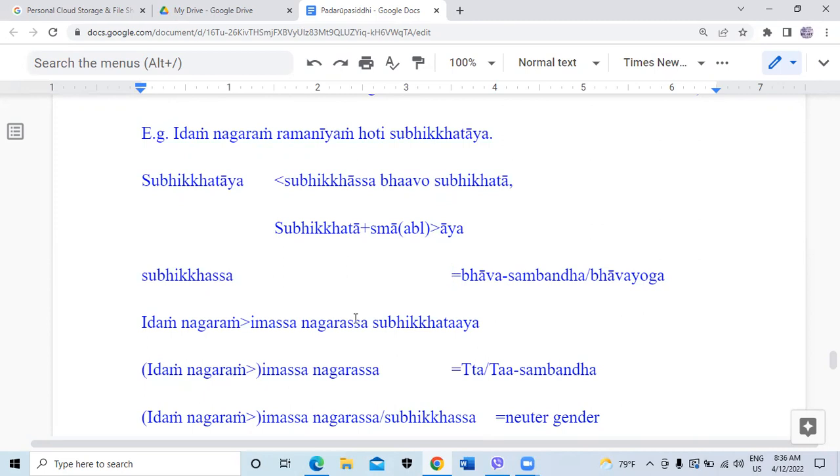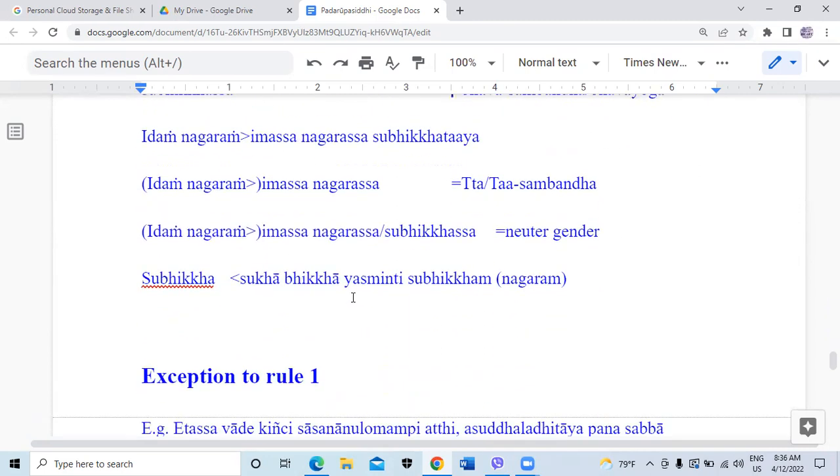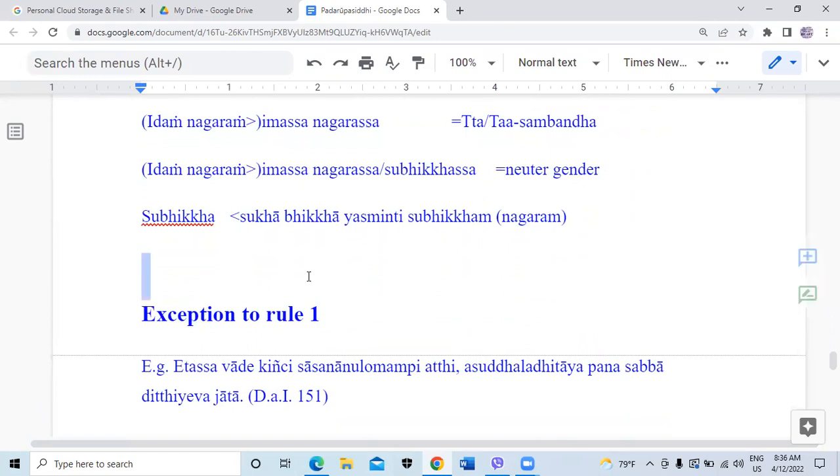So, for example, I will type here: two different numbers and genders, different numbers and genders of subject and subject complement.